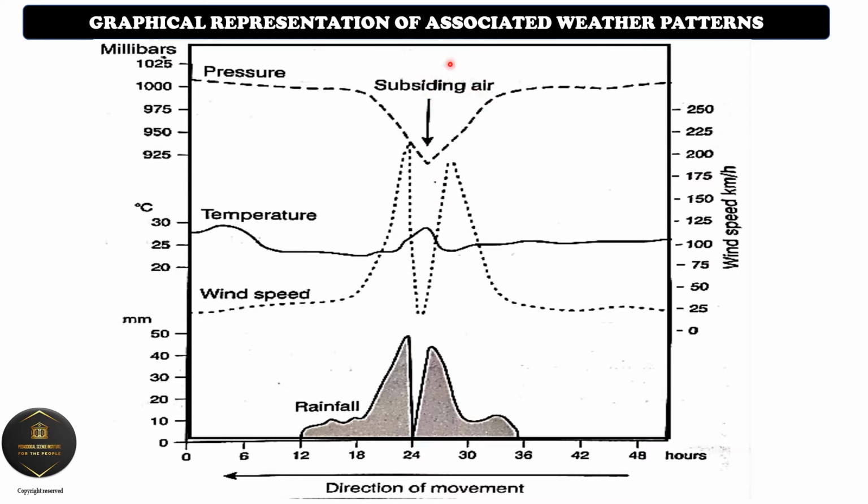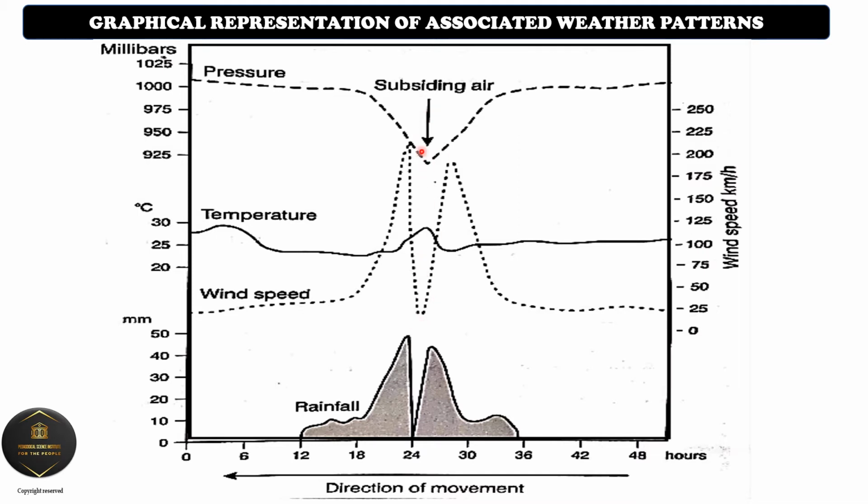We are being shown here that we have subsiding air, and we see that we have the lowest pressure at the center. And if you look at the wind speed, the wind is relatively low, so there is no wind. You see it extends to roughly 0 to 20 kilometers per hour. And those are conditions of the eye.